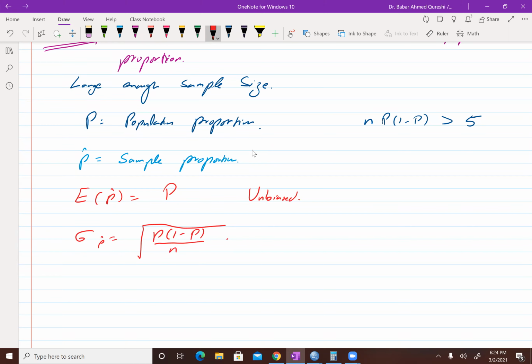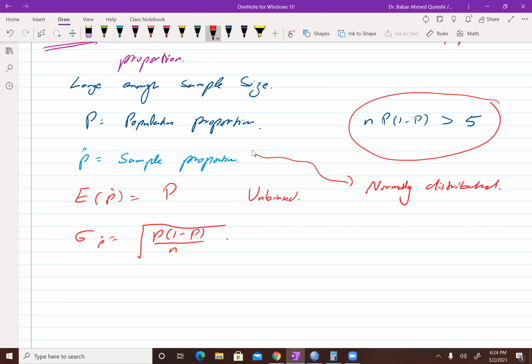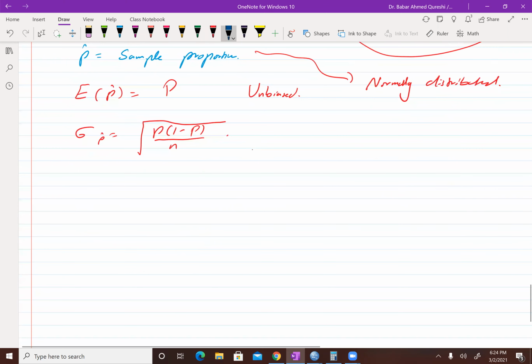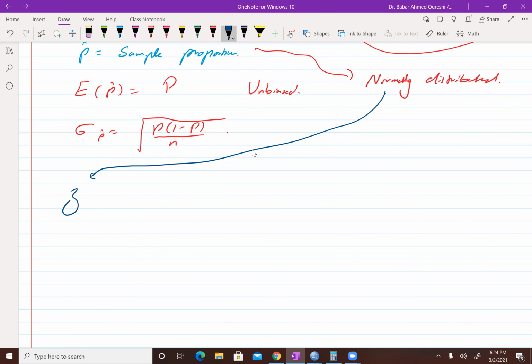And for large enough sample size, well, again, this condition, this sample proportion is actually normally distributed. So this all we have done. So based on this, we can define the standard normal variable, dividing it out by its standard deviation so that it becomes the standard deviation of 1.